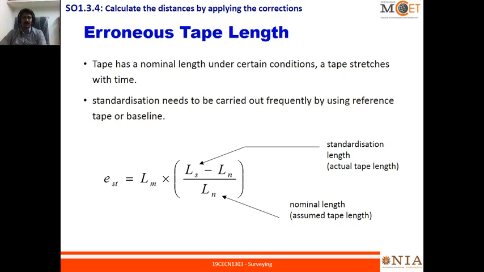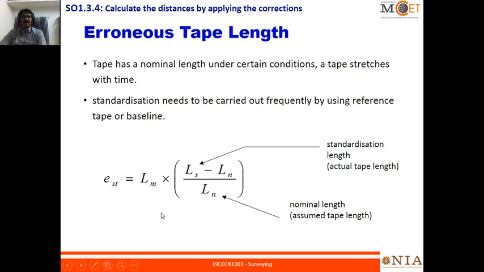It may be 5 centimeter long, then 30.05 is the actual tape length that has to be substituted here, minus the standard length, that is the nominal length, 30 meters. So 30.05 minus 30 divided by 30, that is the substitution. Based on the measured length, we will get the error.